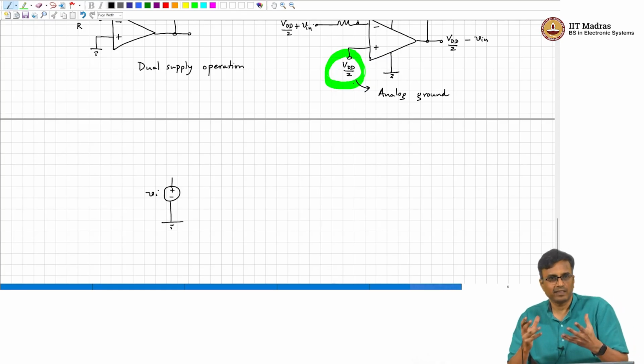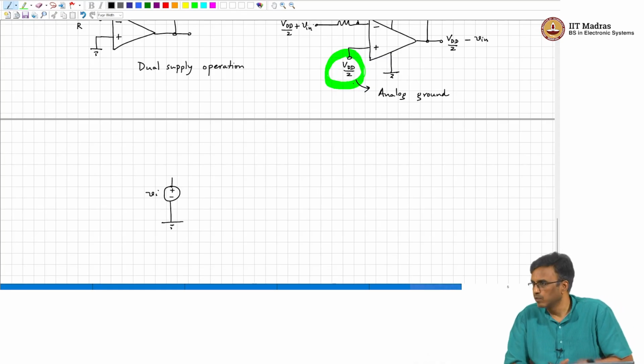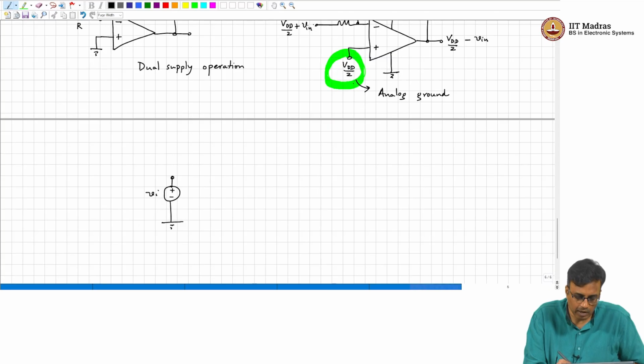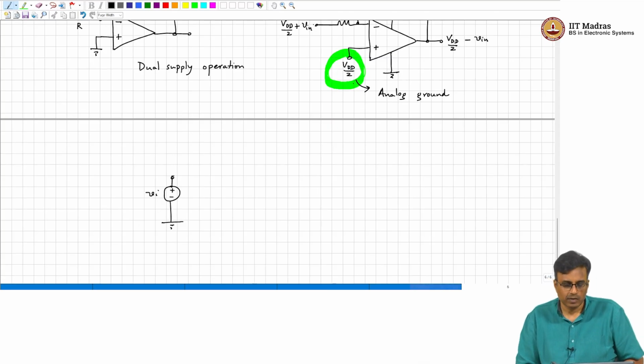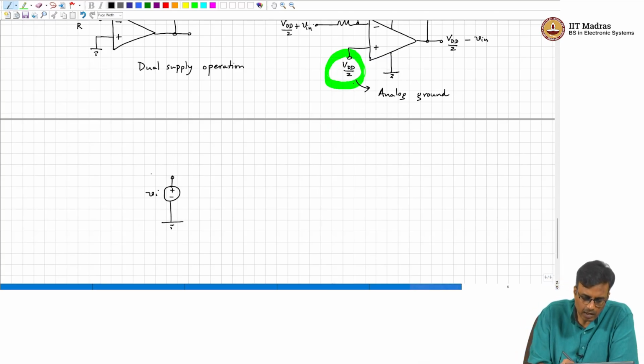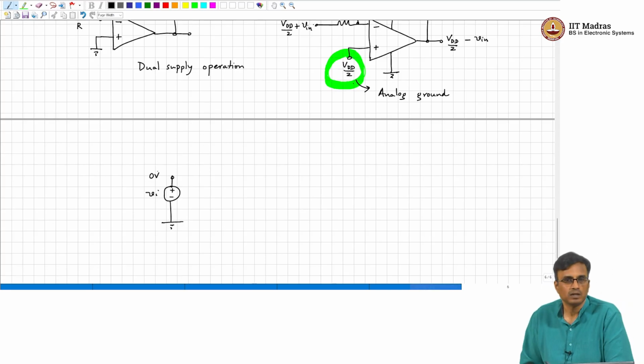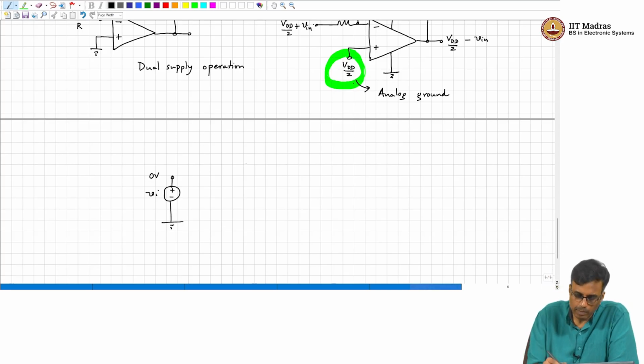We do not have access to that terminal. We only have access to this terminal. So, when Vi is 0, this voltage is actually 0 volts.